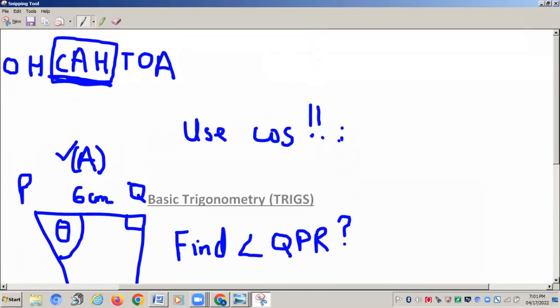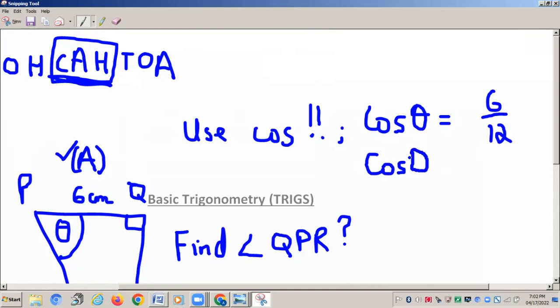Cos: do we know the angle? No, so you just put theta there. Cos is adjacent over hypotenuse. What number is adjacent? 6 centimeters. Divided by the hypotenuse, which is what? 12.